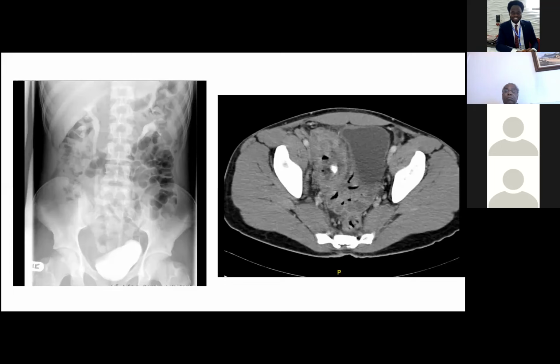But with respect to that opacity we saw on the abdominal X-ray, it doesn't quite appear to be overlying the course of the right ureter. Certainly, it is not within the ureter. So like I said, this was performed a day after the X-ray, and I think we weren't convinced at the time that this was within the urinary tract.